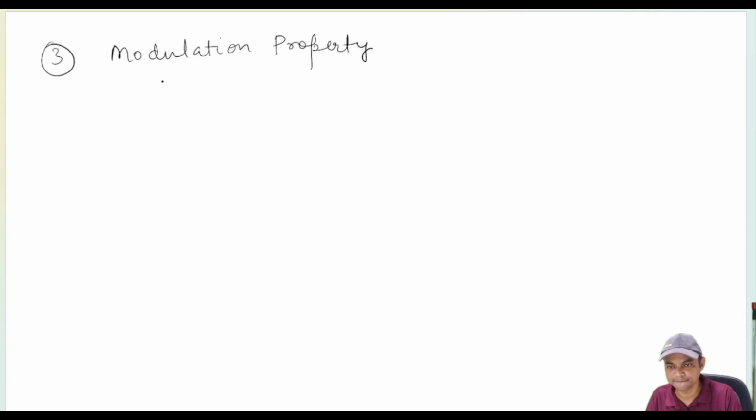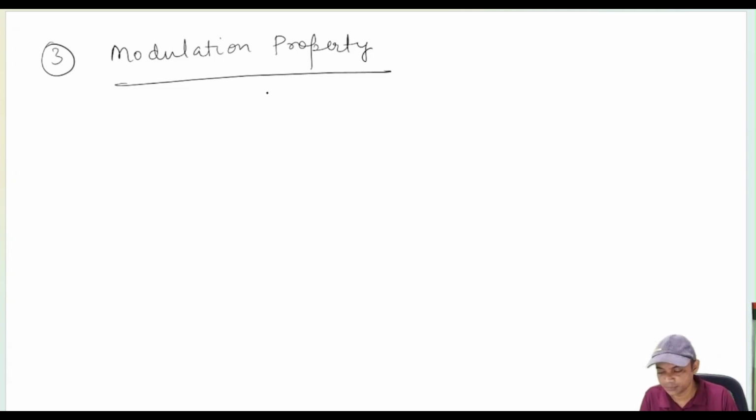Next, the third important property is our modulation property, which is based on the last property. After that, we will see what modulation is and the types of modulation. We will continue from this property.